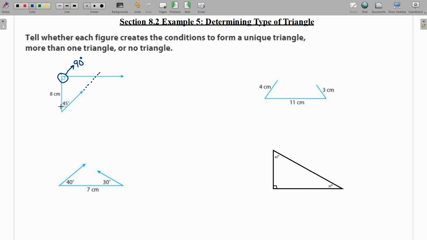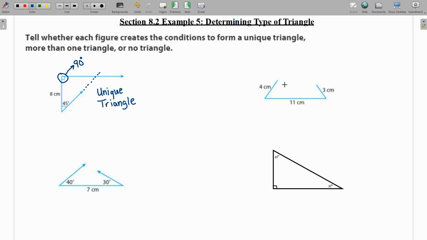It has to stay the same. So because of this fixed side length, what we actually have is a unique triangle. We can only form this one triangle, and we can't form any more than that particular one.